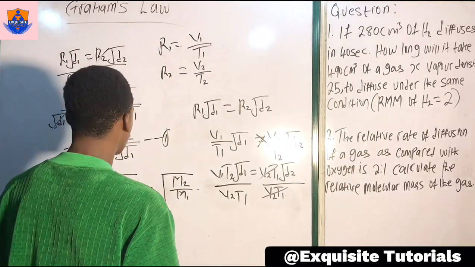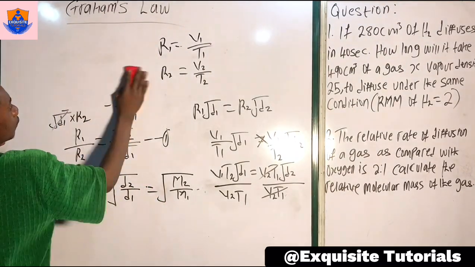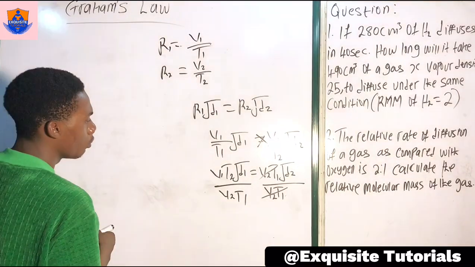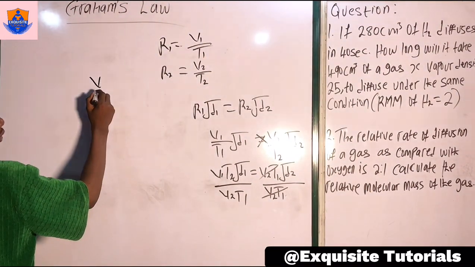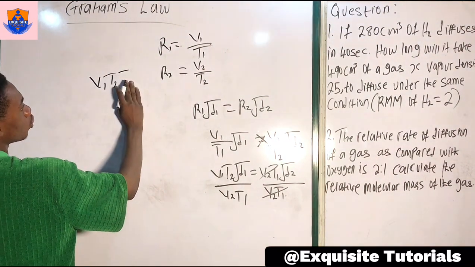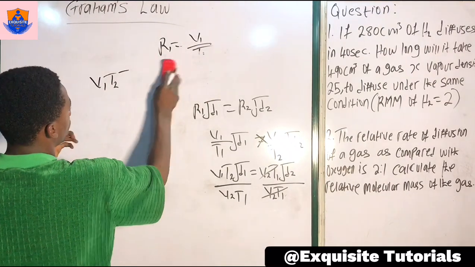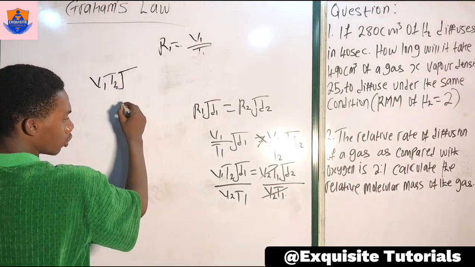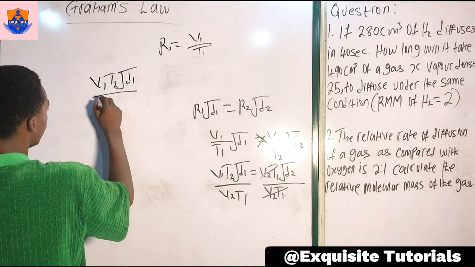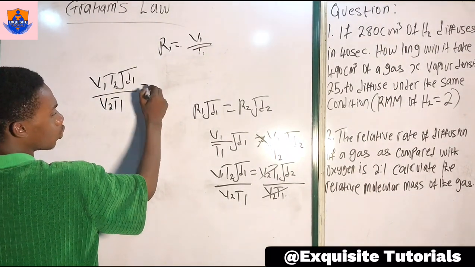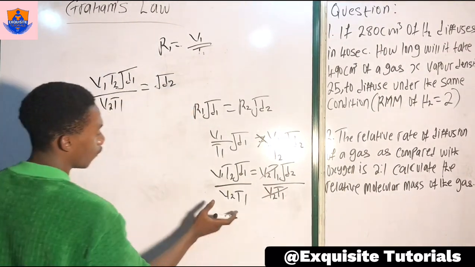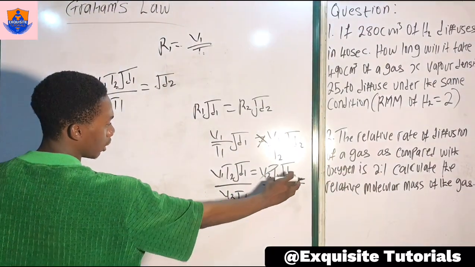So we will be left with V1 T2 root D1 over V2 T1 is equal to root D2. And this is what we have from here, because everything cancels out, so we're left with D2.